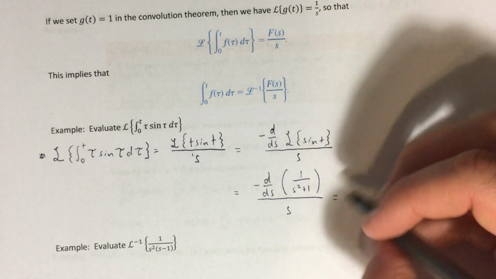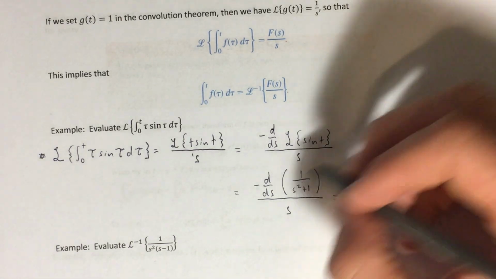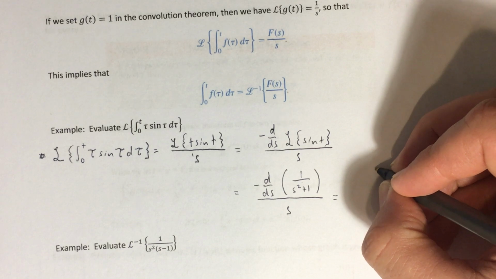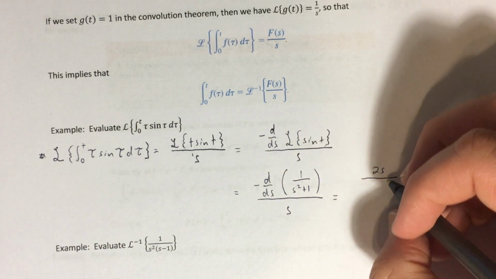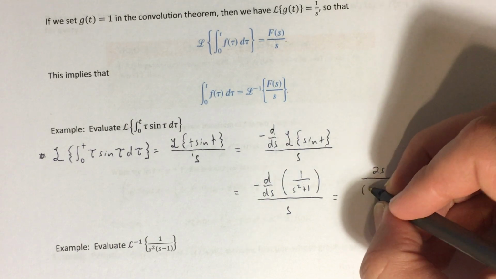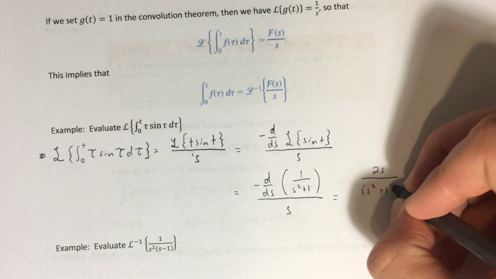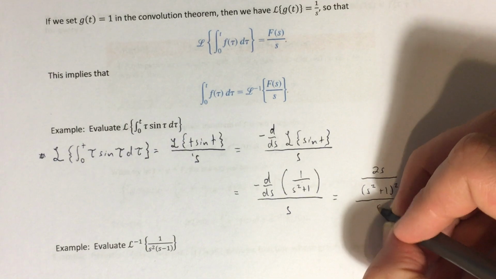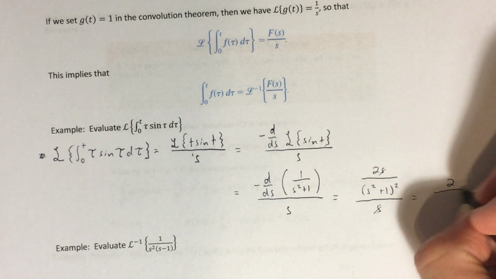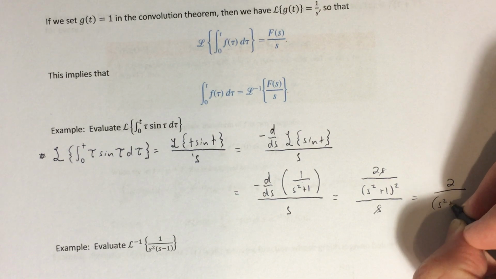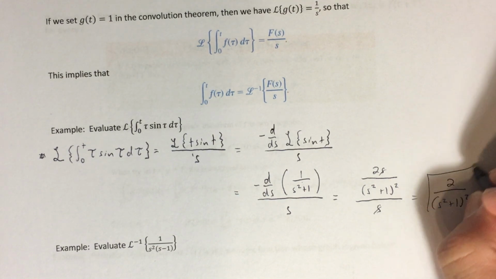If I took the derivative of this, which is a quick application of either the quotient rule or chain rule from calculus, this becomes 2s over s squared plus 1 quantity squared, and again, it's all over s. Canceling those s's, I get my final answer of 2 over s squared plus 1 squared.